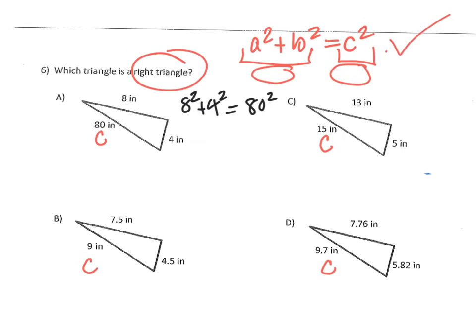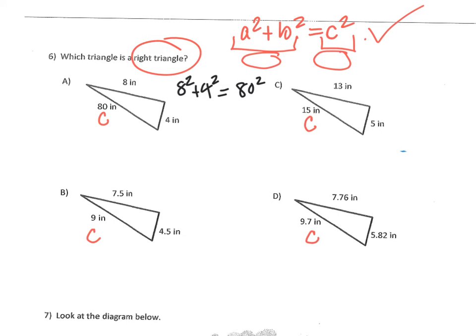Just some common sense, just eyeballing. There's no way 80 squared should be the same as 8 squared plus 4 squared, but for good measure, we can go ahead and solve for these. 8 squared plus 4 squared is 80, and 80 squared is 6,400. So holy cow, not the same, not a right triangle.